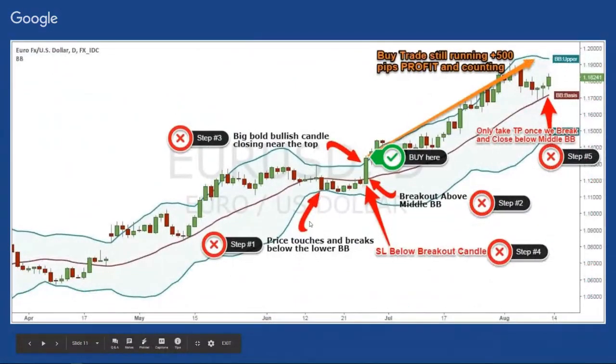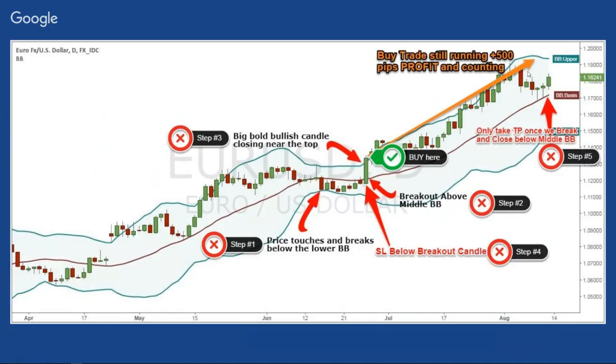What you want to see is, step one, price touches the lower Bollinger Band right there. Then you want a big, wide candle that pushes up across the center Bollinger Band, and it's got to close near the top, and take your buy right there.